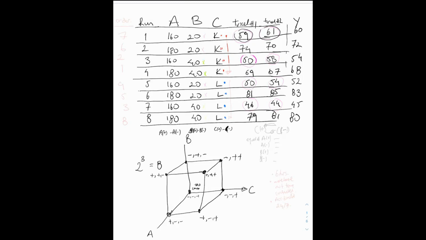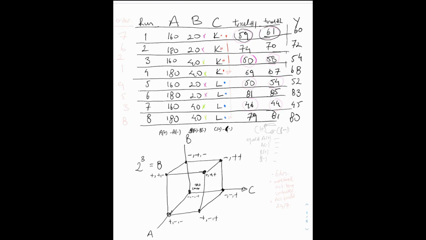And when C is minus, which is the L type, I will see there's another 2 B pluses here. If I look at the B minuses with magenta, I'll see there are 2 B minuses when C is plus, and I will have 2 B minuses when C is minus.